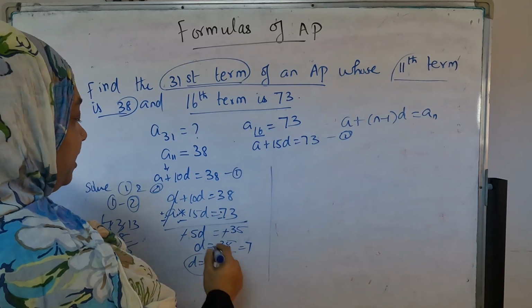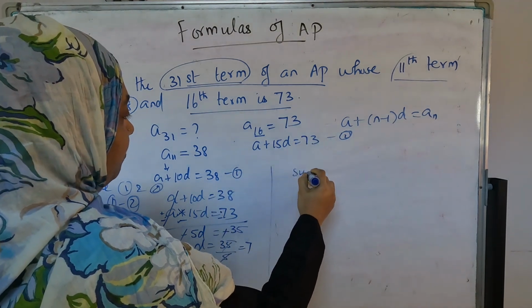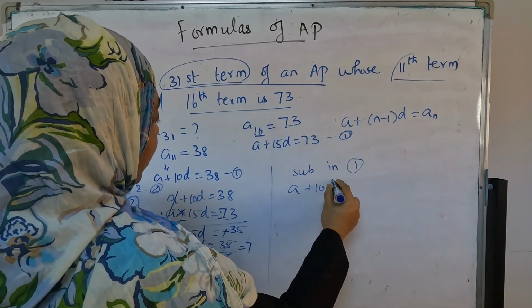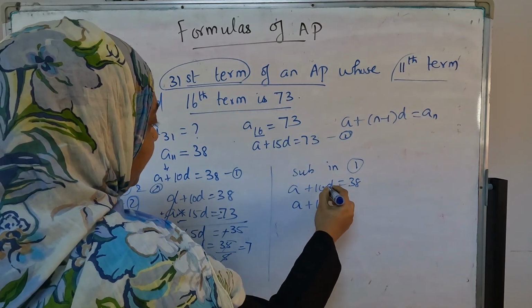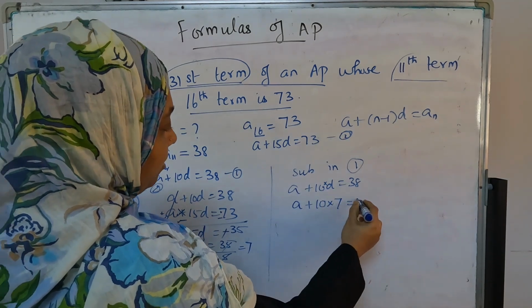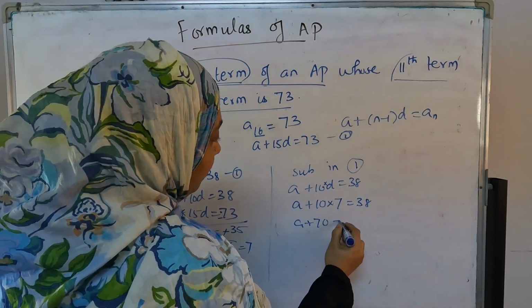Now D we got, we can substitute in either equation 1 or 2. I am substituting in the first equation, so A plus 10D equals 38. So A plus 10 into 7 equals 38. Now A plus 70 equals 38.